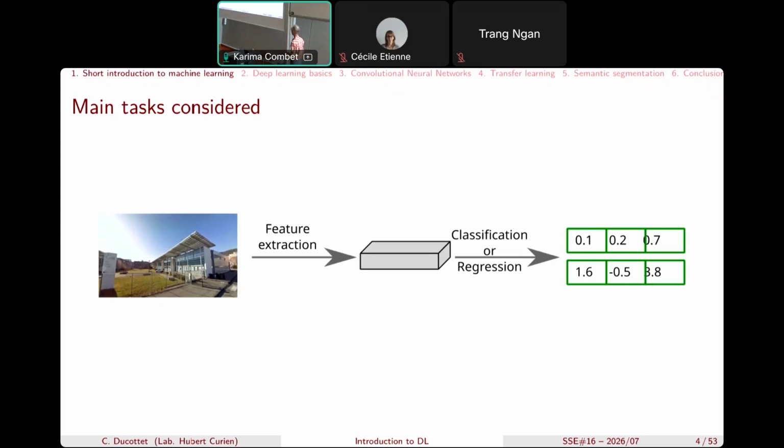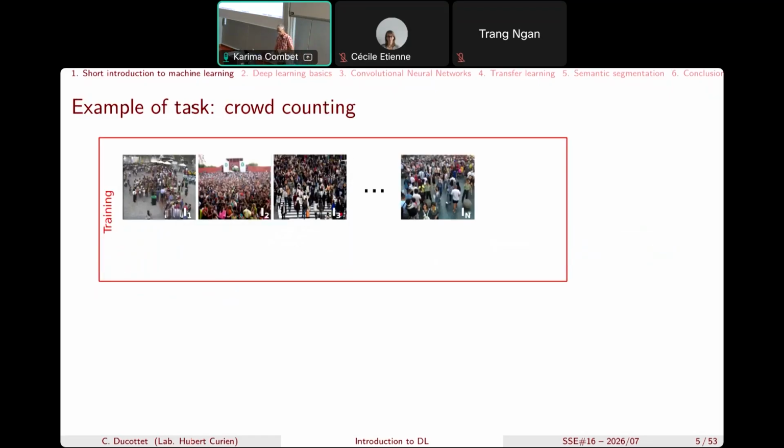Okay, and here I will consider the first step where we have the feature extraction, and then the machine learning step where we have the classification and regression, and then after for deep learning, as Carol said, this part of feature extraction will be included also in the machine learning part.